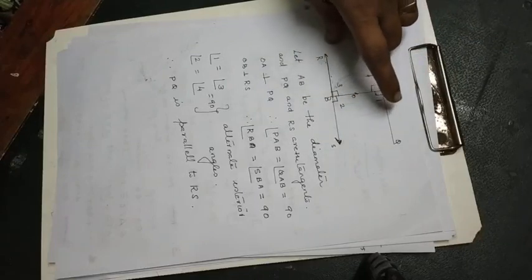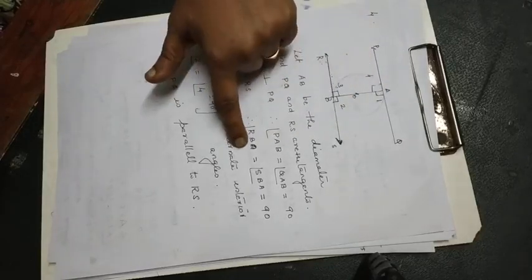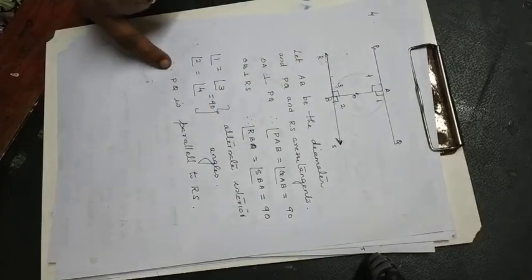Now we mark 1, 2, 3, 4 like that. So 1 and 3 equal 90, 2 and 4 equal, they are alternate angles. If alternate angles are equal, then we get that the corresponding lines are parallel.